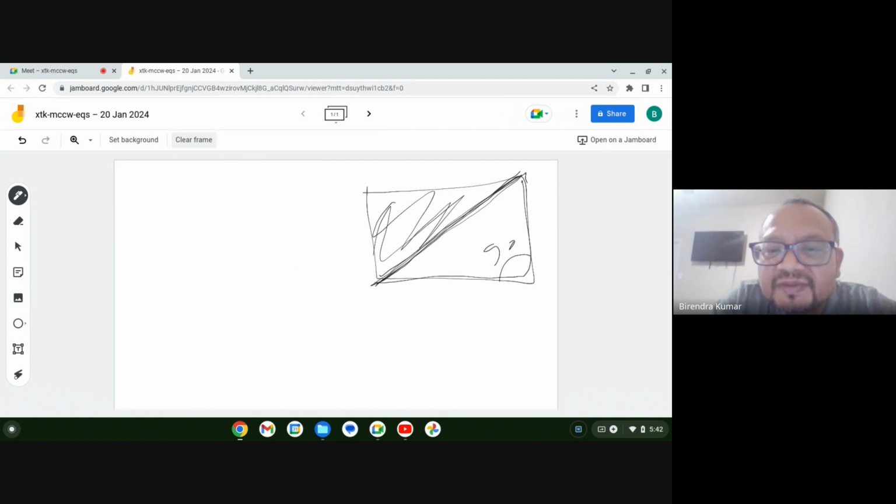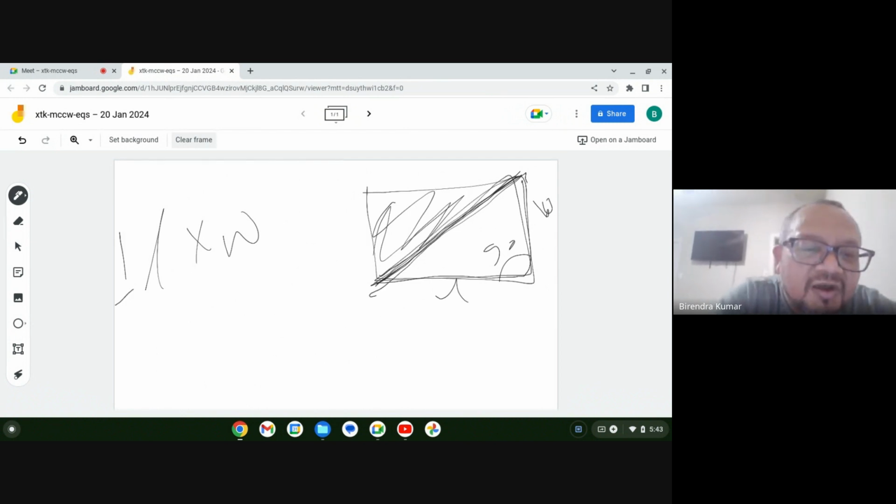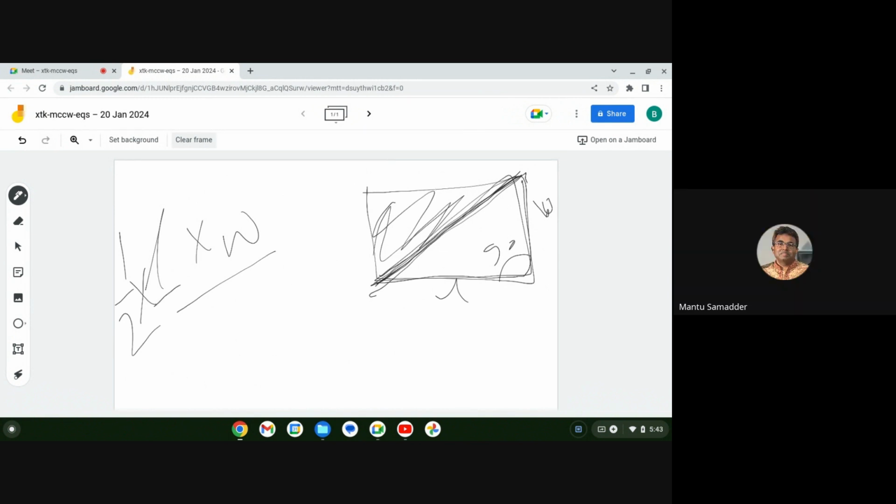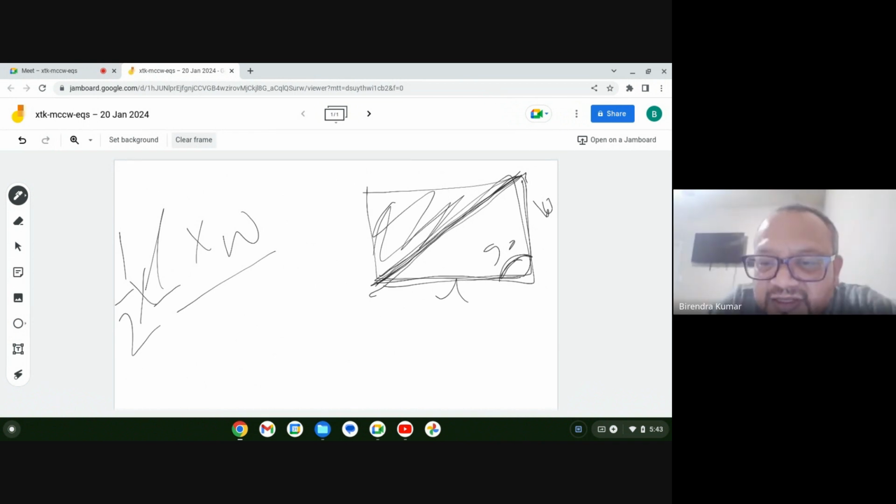Meaning, if this area is length into width, then this area is half of that. So half of length into width, that is what it will be. Very simple. This length is one side of the 90-degree and width is the other side of the 90-degree. Whatever you call these sides, you just multiply these two sides, and that is the area.